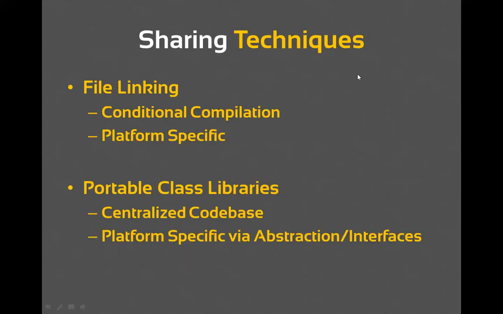So there's a couple sharing techniques. There's actually a little bit more complicated sharing techniques than just this. We have file linking, which is, you know, you're linking a file from a project and it's grabbing that copy and has its little pointer or whatever. And when you use that, you have to do conditional compilation.